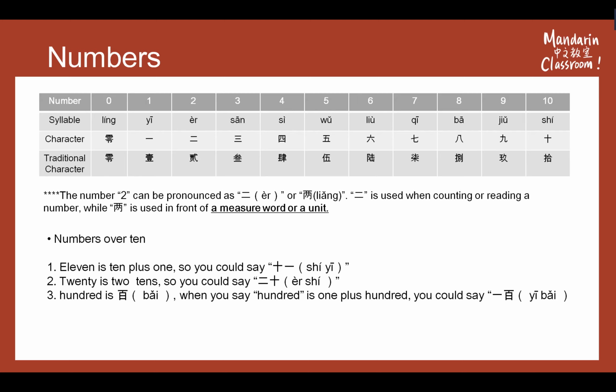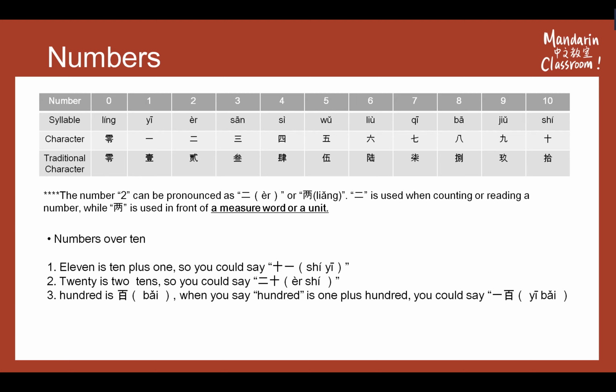It's not only to tell you that it's traditional characters, used in places like Hong Kong, Macau, or Taiwan. These traditional characters, we usually use in a receipt to write the amount of money.